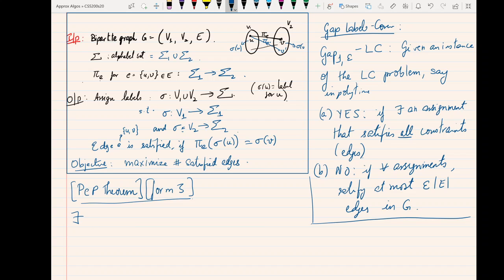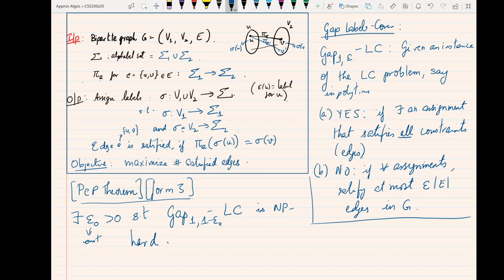There exists a constant epsilon naught such that gap between 1 comma 1 minus epsilon naught of label cover is NP hard.